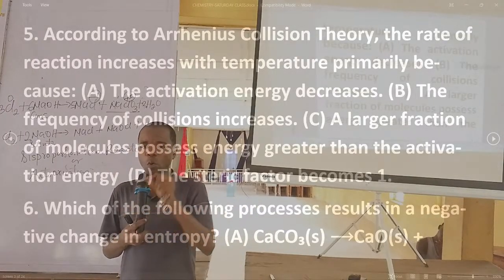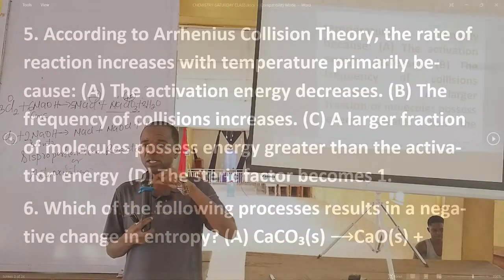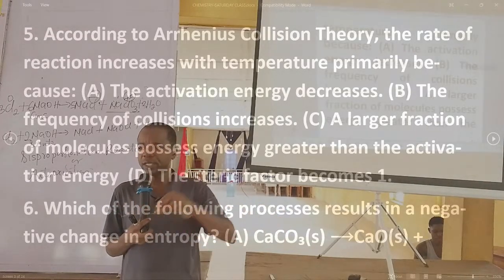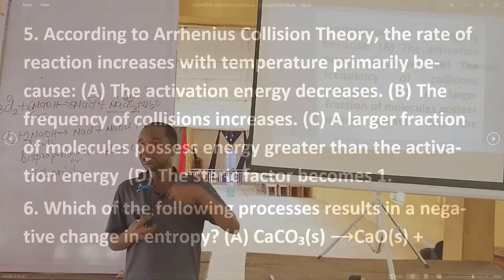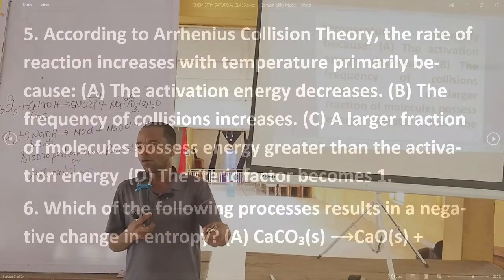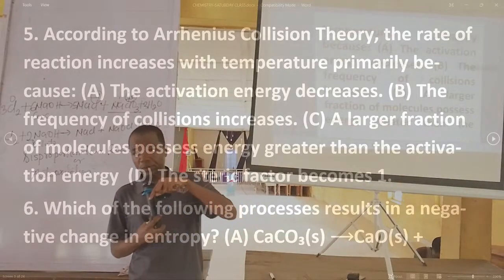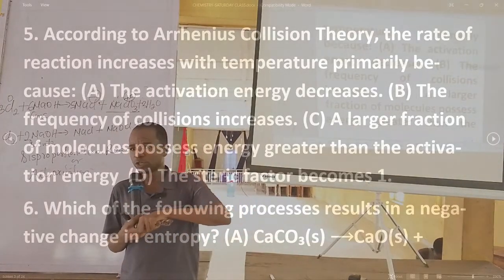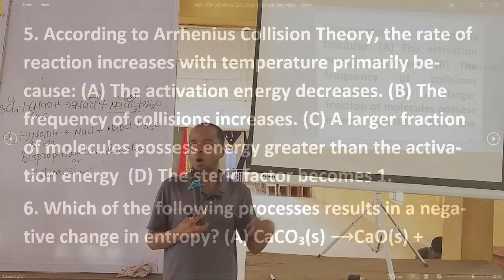They can also turn it around. They can ask you why a decrease in concentration of reactant leads to a decrease in the rate of reaction. When you increase the concentration of reactant, it increases the rate of reaction by increasing the number of effective collisions. The reverse is going to happen if you reduce the concentration, which will lead to a decrease in the number of collisions.